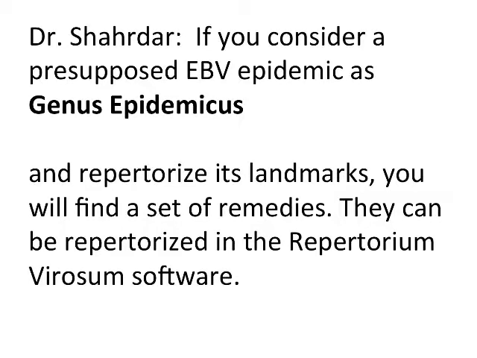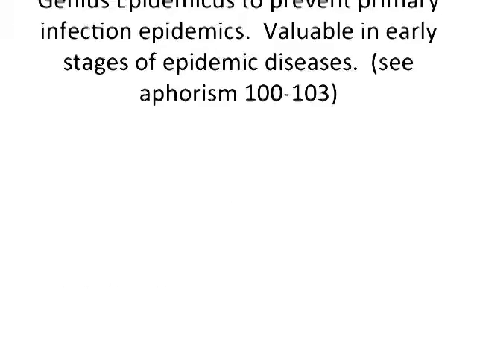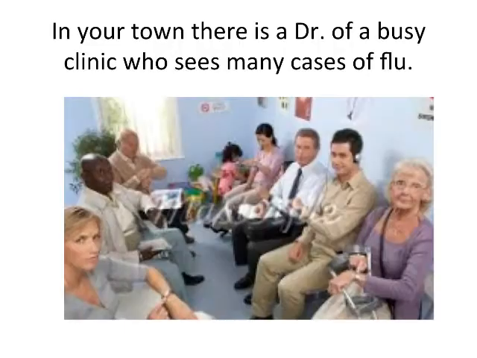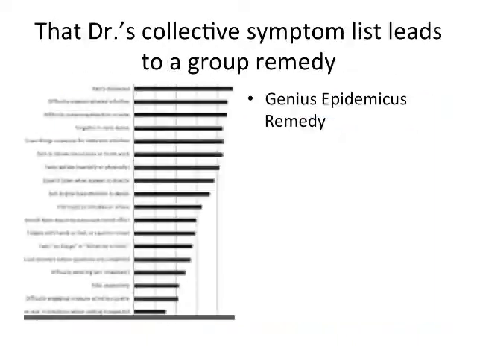Dr. Shahrdar says, if you consider a presupposed EBV epidemic as the genius epidemicus, now I'm going to look at this word, genius epidemicus, and I hope that you'll be able to understand what he's saying more clearly. In your town, if there's a homeopathy doctor who has a very busy clinic and has many people who he's seeing, he will also have many cases of flu, or of whatever the epidemic disease is, mumps.